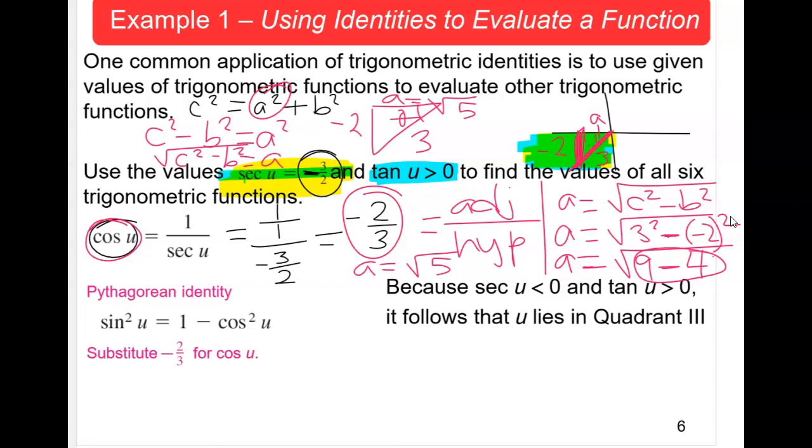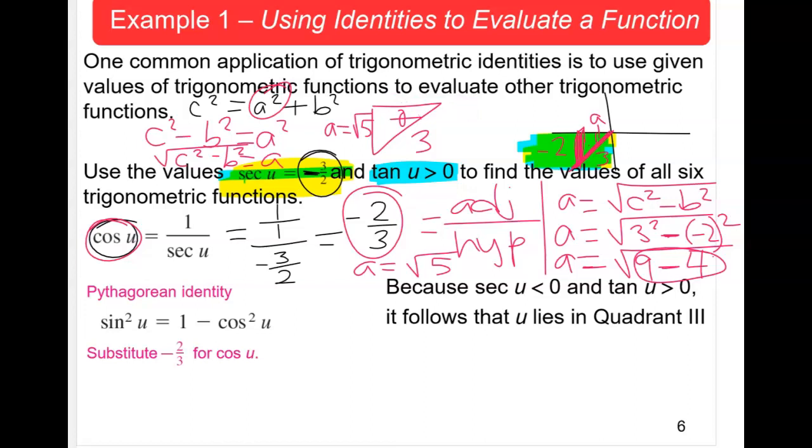And in fact, I just realized something. I need to correct myself. So this is what we were looking for. So that's where we should actually place a equals the square root of 5. I'm so sorry about that.